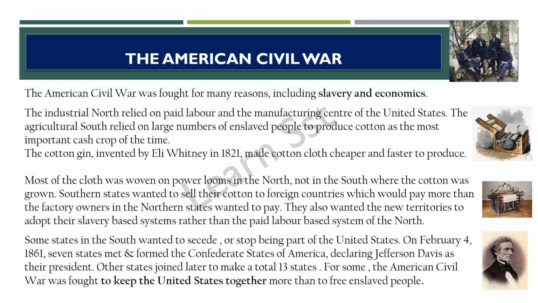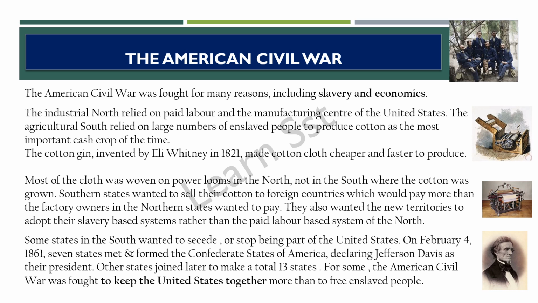They also wanted the new territories to adopt this slavery based system rather than the paid based system which was existent in the north. So again there was a difference of opinion. The southern people wanted the slavery based system because they had a large number of slaves, and those slaves were helping them in the production of cotton in the southern region.